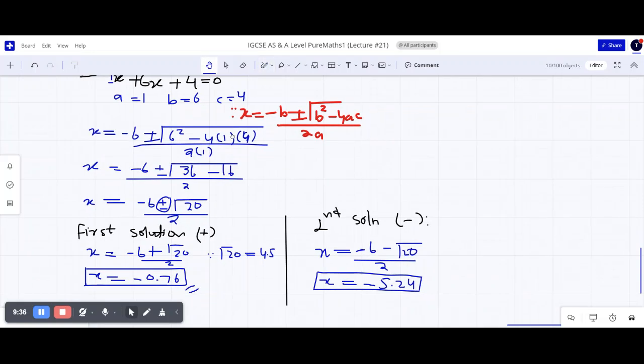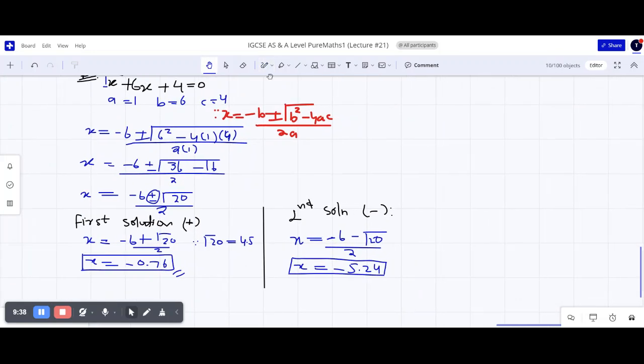So the final solution for this, we can write: x equals minus 5.24 and minus 0.76, the final answer for the given quadratic equation.